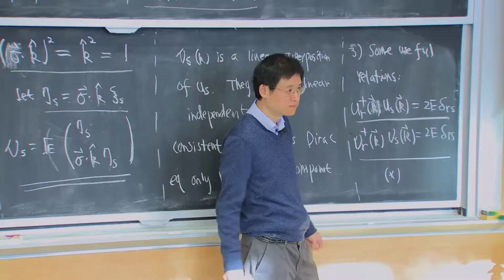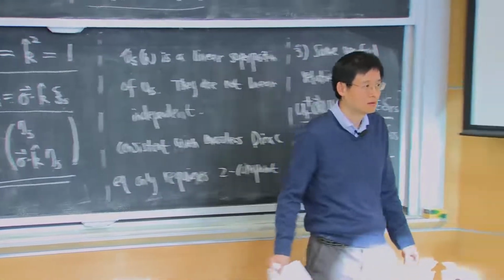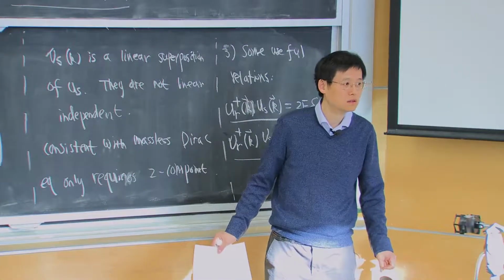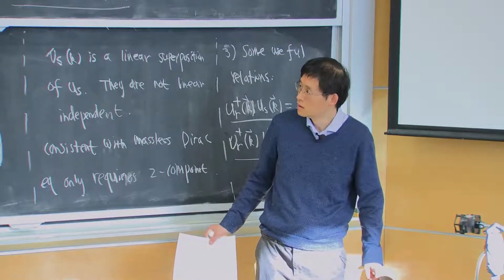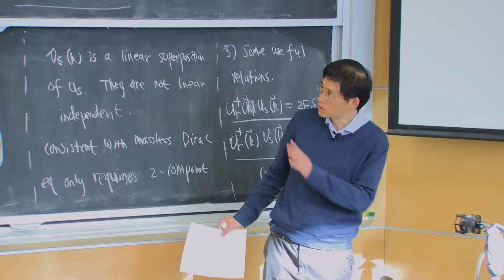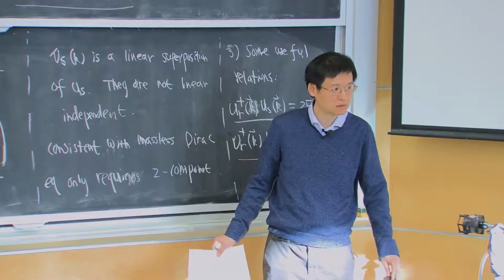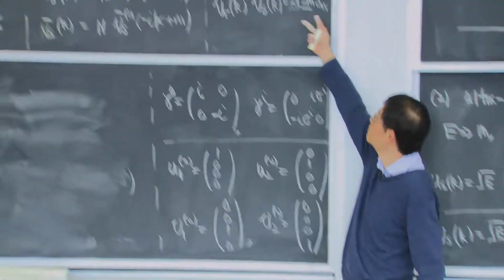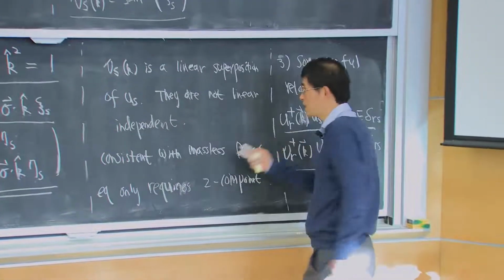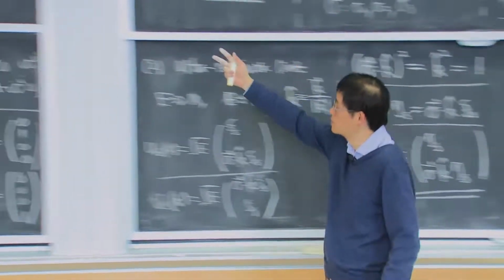Yes? So is the other normalization one dependent on the representation? Which one? The one with the U bar V? No, that also does not depend on representation. Yeah, all this normalization does not depend on the representation. But this expression, that's just our definition. We just define them this way.